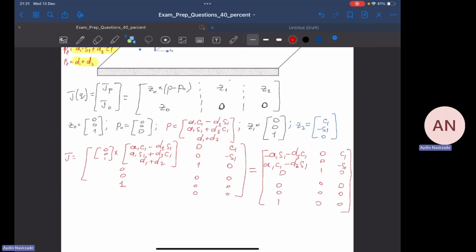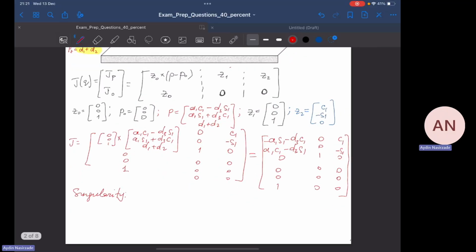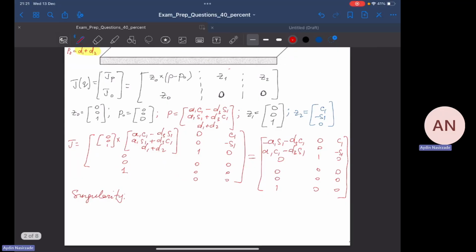And the next question is, find the singularity. Now, what is singularity? Like singularity relating the linear velocities, okay, linear components and contributions.